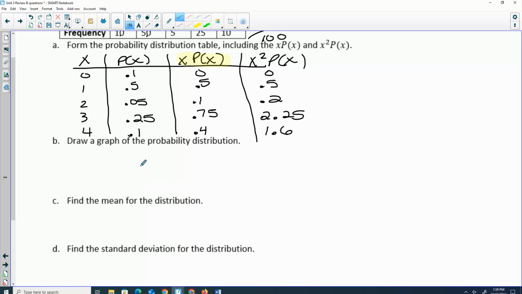Okay, graph the probability distribution. That's where we just list each x and its probability. So 0. Okay. I'm going to count by 0.1.